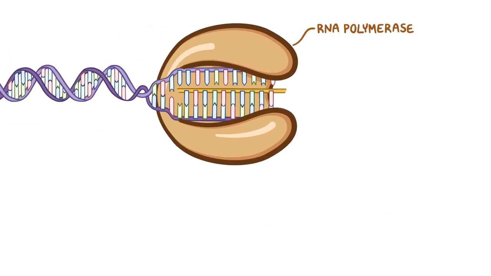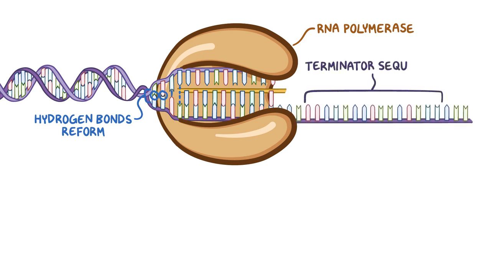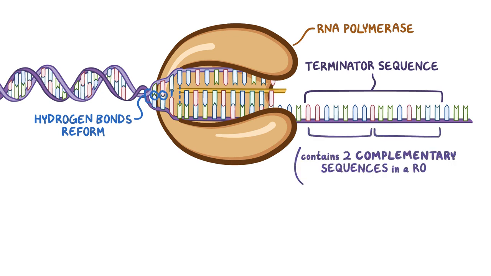As RNA polymerase goes down the DNA, the hydrogen bonds between the nucleotides that have already been transcribed reform, zipping the DNA back together. Eventually, RNA polymerase reaches a specific sequence called the terminator sequence. The terminator sequence contains two complementary sequences in a row, on a single strand.